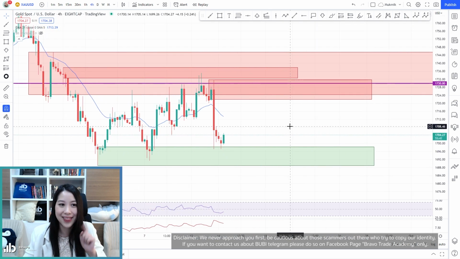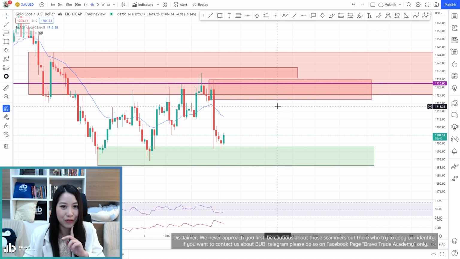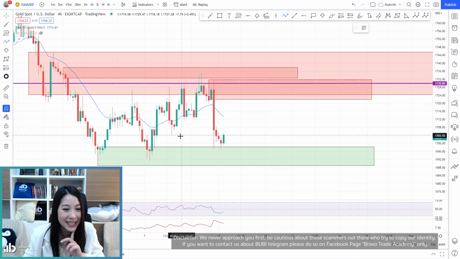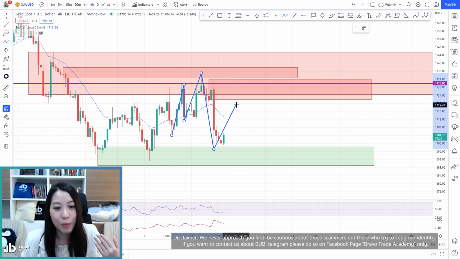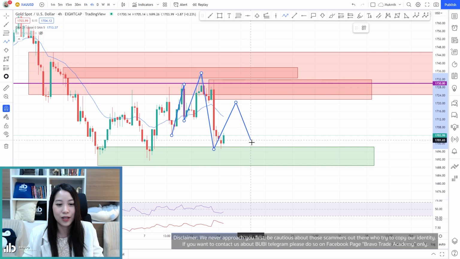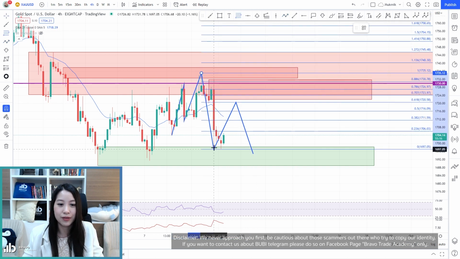All right, in this 4 hours time frame, we've got a really beautiful pattern, which is a QM sell again, if you remember. We have it in the 4 hours time frame at the moment, which is a bigger time frame, and it's going to be more significant for the price pattern. So if we have our QM sell, use the Fibonacci retracement, and our entry point would be at around 61.8 to 78.6.